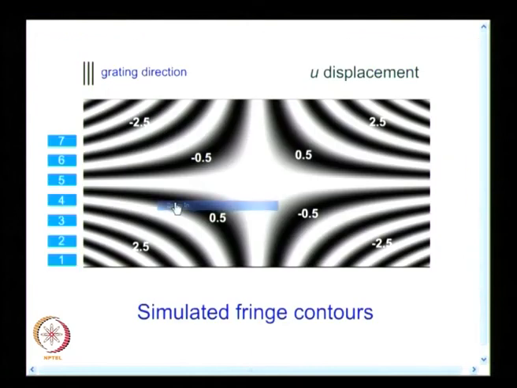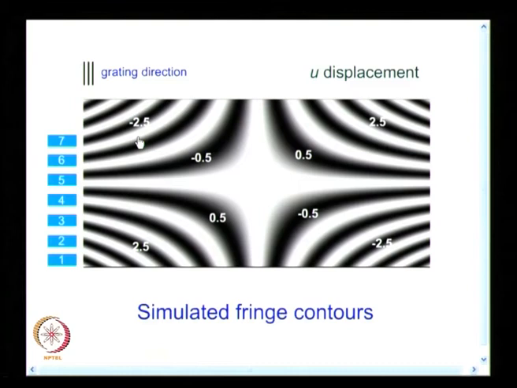I have the fringes labeled, and you have 0.5, 1.5, 2.5 like this, and you have minus 0.5, minus 2.5. So, once I go to displacement, I have both positive and negative numbering of the fringes.